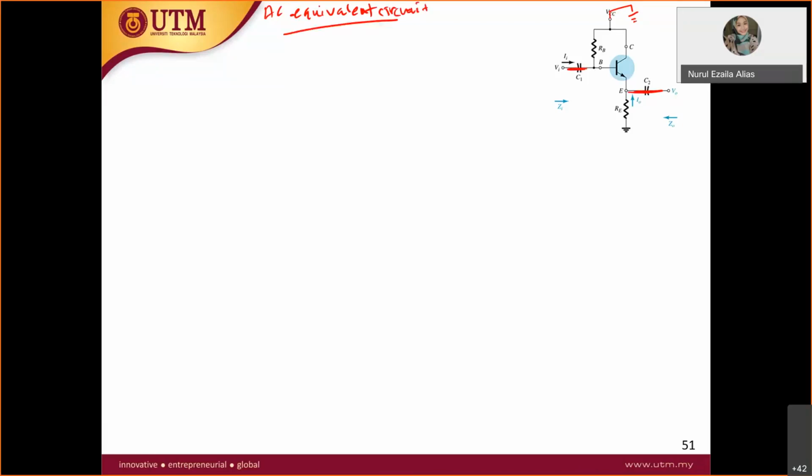AC equivalent circuit. Draw your hybrid pi model. So you have R pi, and then RC, at the base and emitter you have V pi. At the emitter you have RE, and here you have gmV pi.